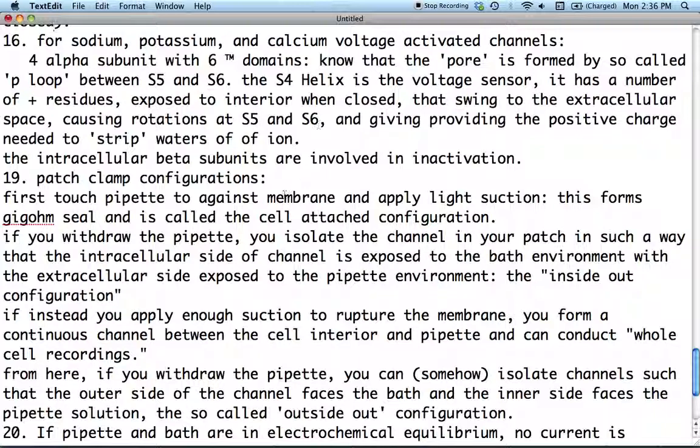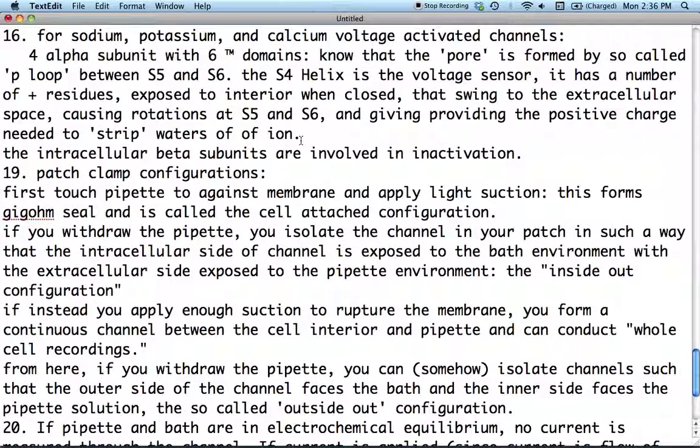So the positive charges on the S4 helix are going to, I believe, enable that to happen. You also want to know that the intracellular beta subunits are involved in inactivation of the channel. So I talked about the activation gate and also the inactivation gate.